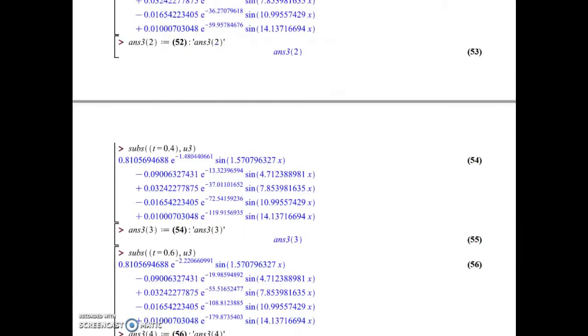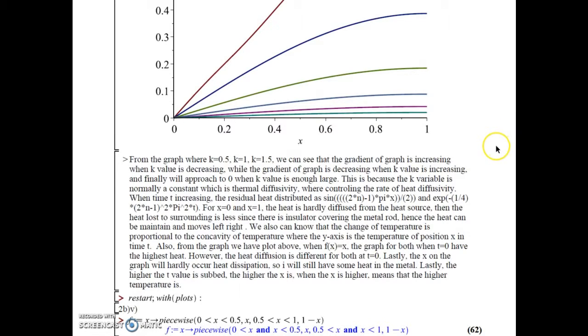As I explained in the explanation part, we can see from the graph, k equals to 0.5, k equals to 1, k equals to 1.5, that the gradient of the graph is decreasing when the k value is increasing. And finally, it will approach 0. Maybe not exactly 0, but eventually it will approach 0 when the k value is large enough.